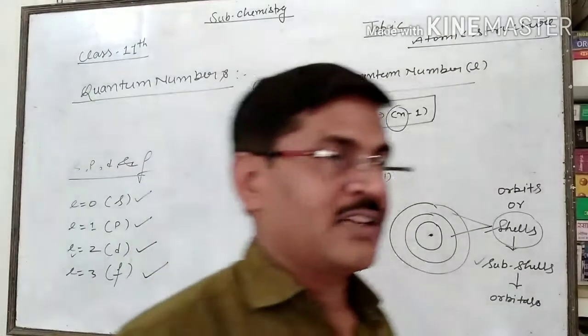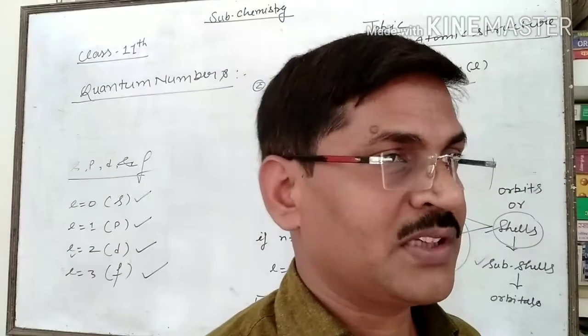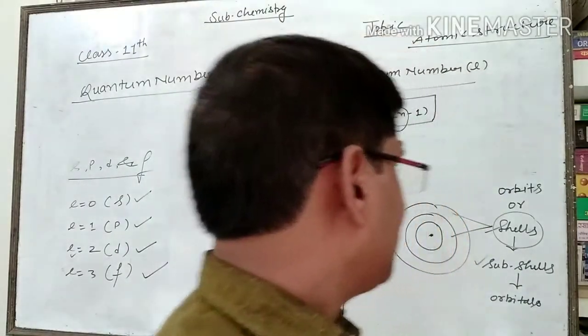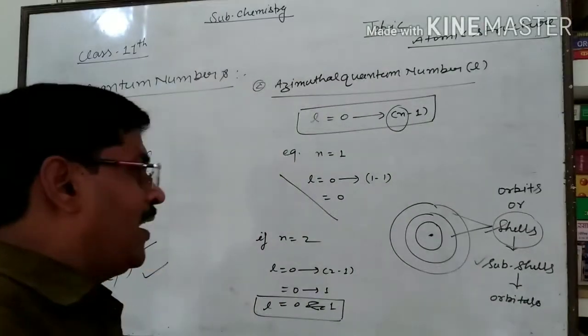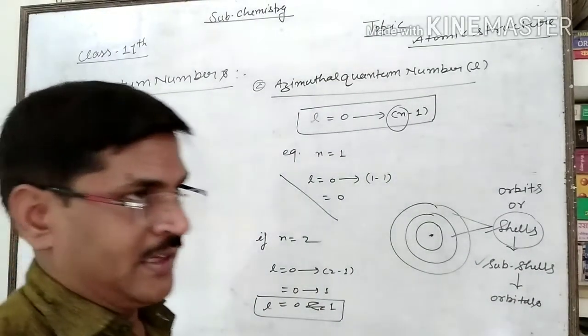In this way, it is clear that the azimuthal quantum number represents the position of an electron in the subcell of an atom.